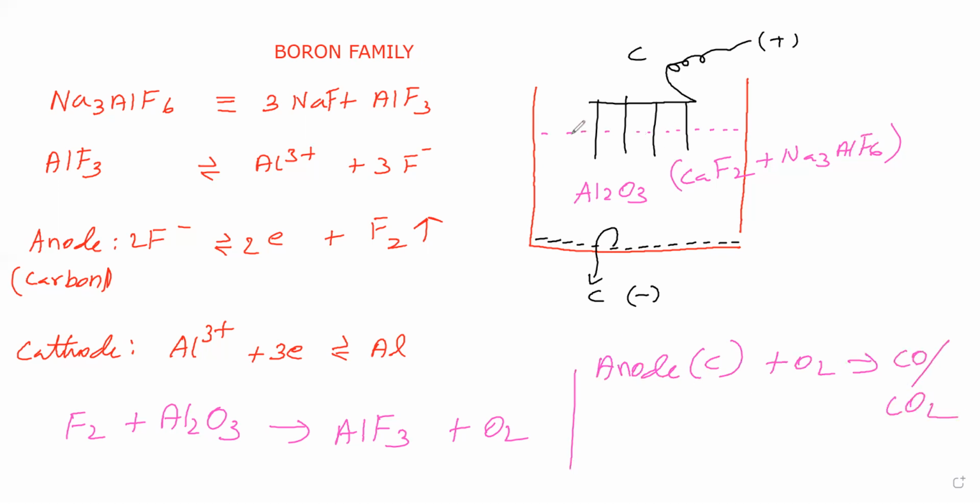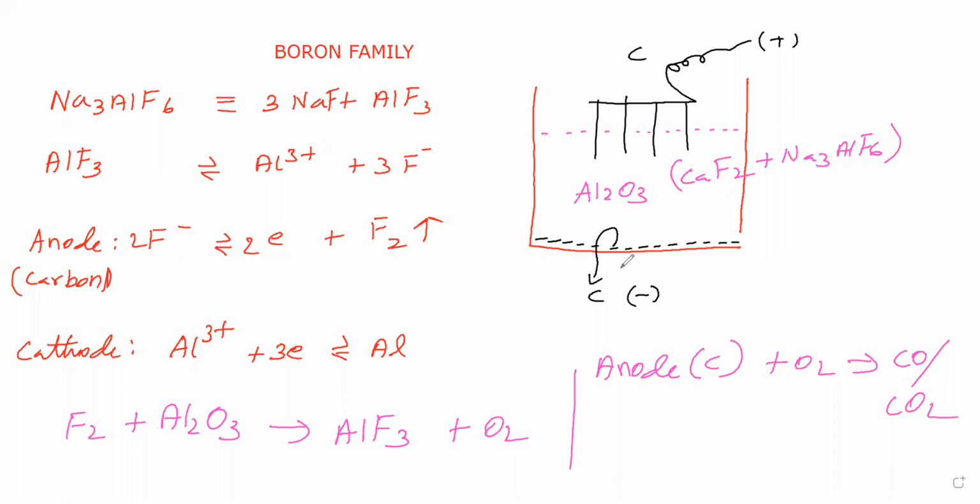Therefore, the size of this carbon rod gets reduced. This carbon rod dissolves, which means after some time we have to replace the carbon rods. We have to replace this anode.